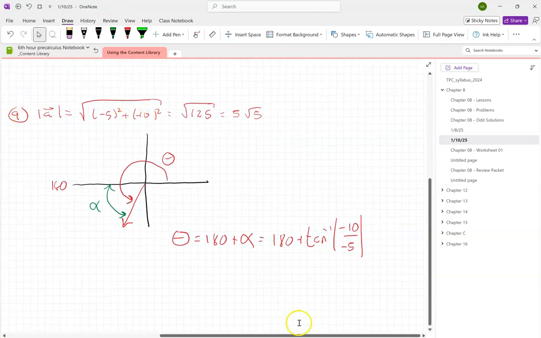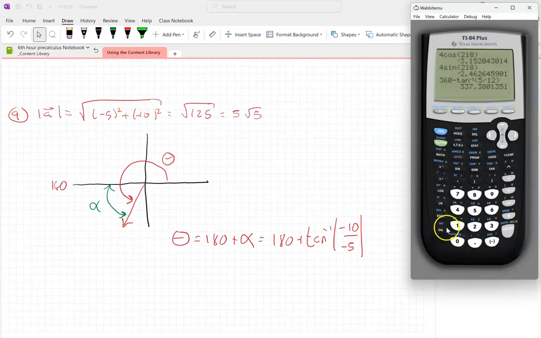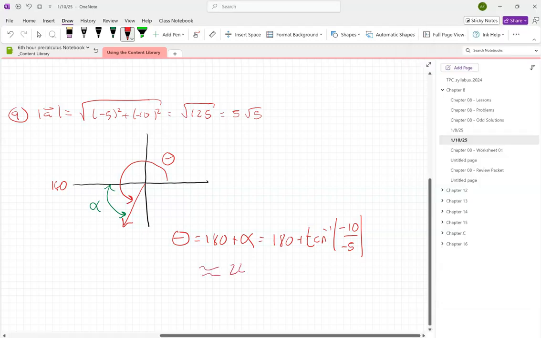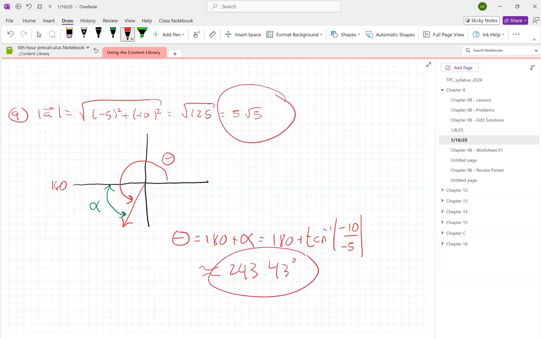And now it's just calculator time. Jack, is that feeling okay? Yeah. Okay. And again, I'm going to skip doing the absolute value in my calculator because I can make stuff positive in my head and it's a lot less buttons. So I get 243.43. So there's my magnitude and my direction.